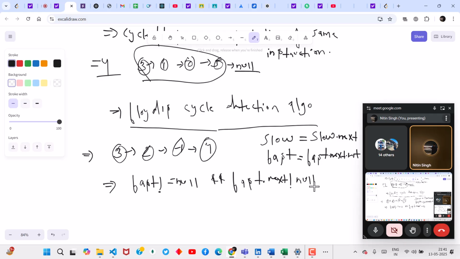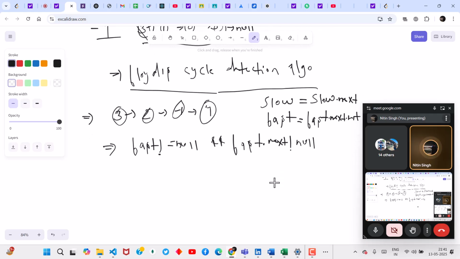I'm moving my fast two steps at a time and slow one step at a time, so there is a possibility my fast will reach the last node before my slow pointer. So just put a condition that fast should not be null and fast dot next should not be null. Fast will not be null, and the next node of fast will not be null either.